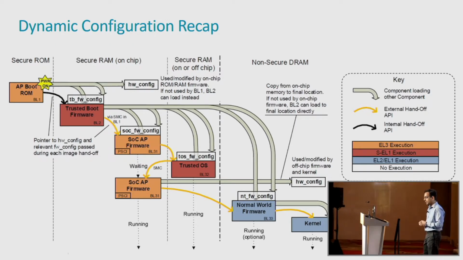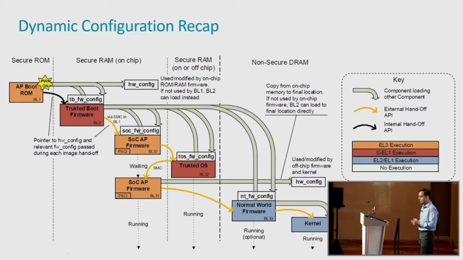What we've done is to add dynamic configuration, with small configuration files. The white boxes over there are the configuration files which get passed along for each bootloader image. For BL2, there's a configuration file, tb_fw_config, that's getting passed to it. Similarly, for BL31, you have the SOC firmware config.